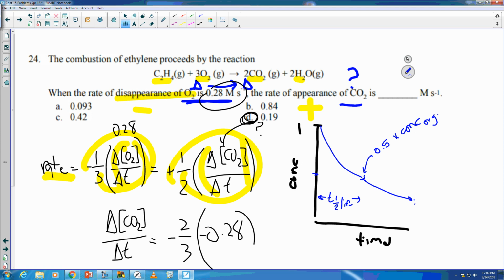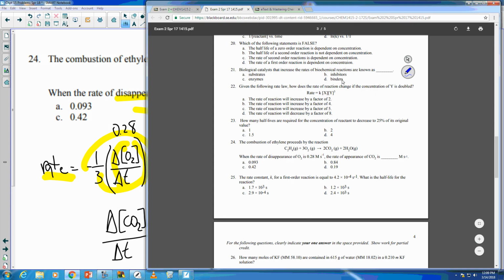This would be 0.25. And that takes another half-life. So the question asks how long to go from the original to 25% of the original. The answer is going to be 2 half-lives. So that one is going to take 2 half-lives.